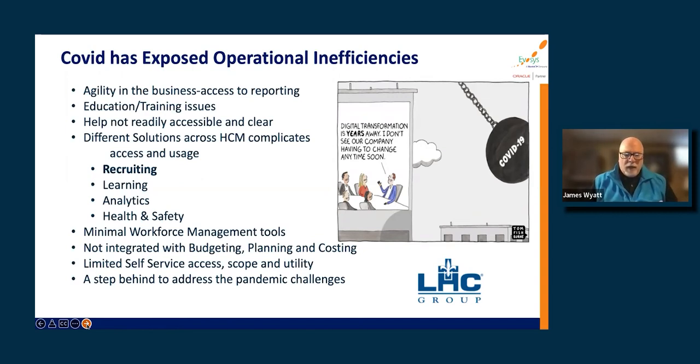And if you flip it around, think about your candidates from a recruiting standpoint, and how that world looked to them, and how they struggled getting through any type of tools and the limited scope and utility that you had out there. An organization like the LHC Group recognized a lot of that early on and identified that they needed to change.